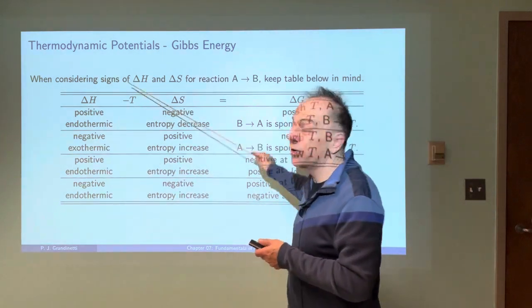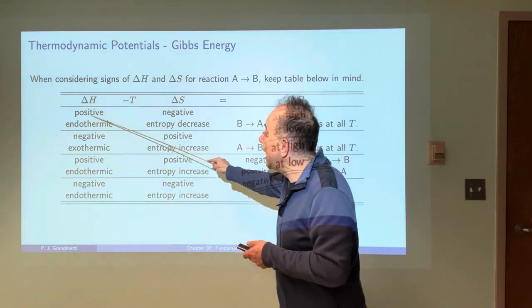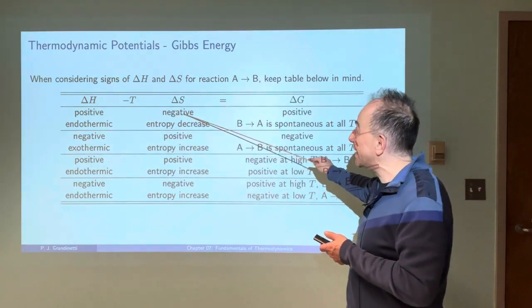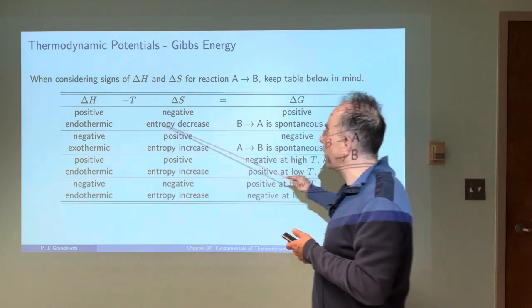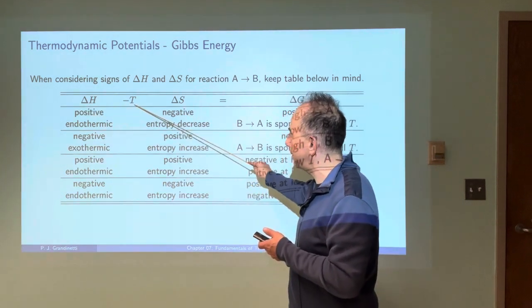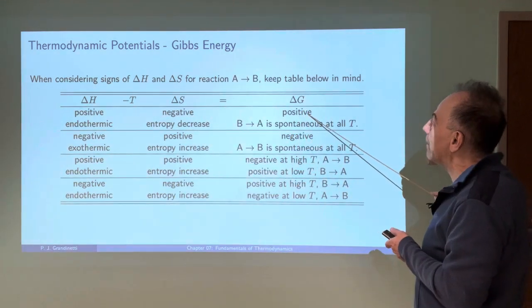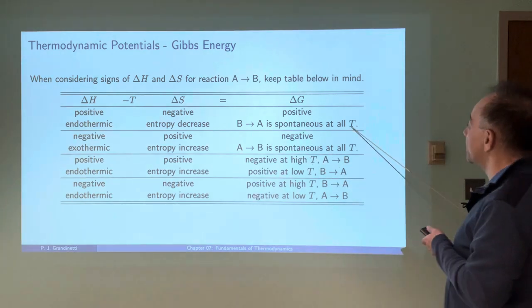And of course, temperature is always a positive quantity in thermodynamics. So if delta H is positive, which is an endothermic process, and delta S is negative, which means that this is a process where entropy decreases, then we have a positive minus positive times a negative, which means that this is always positive, and that means that for this process, B to A is always the spontaneous direction.